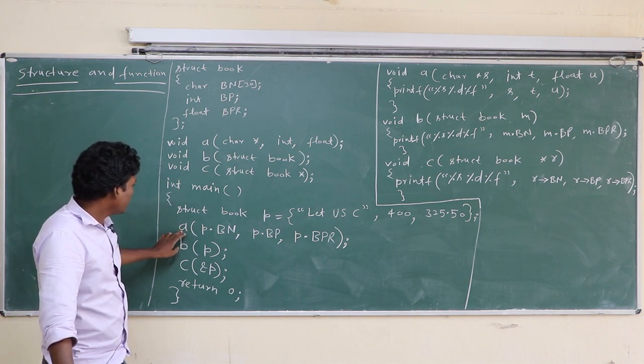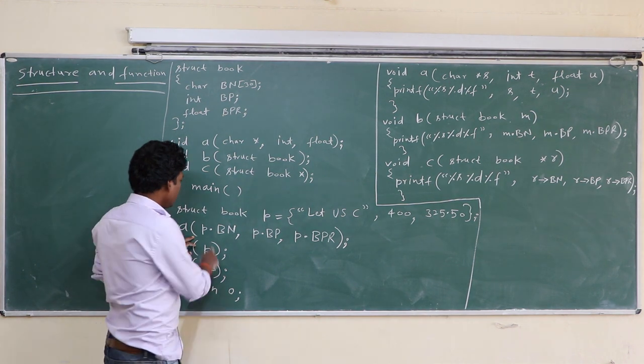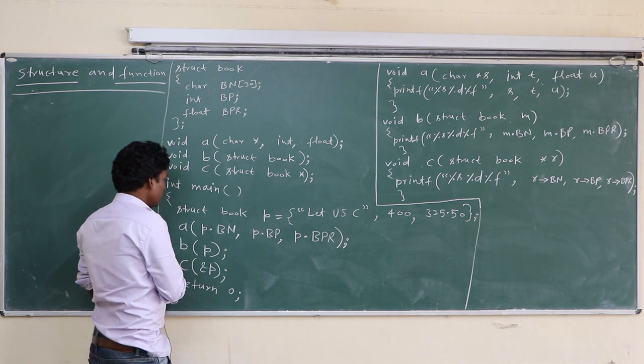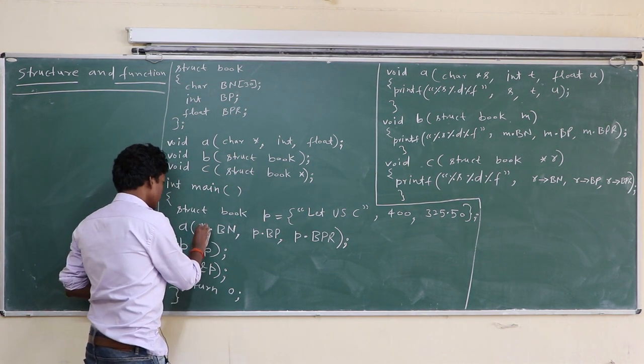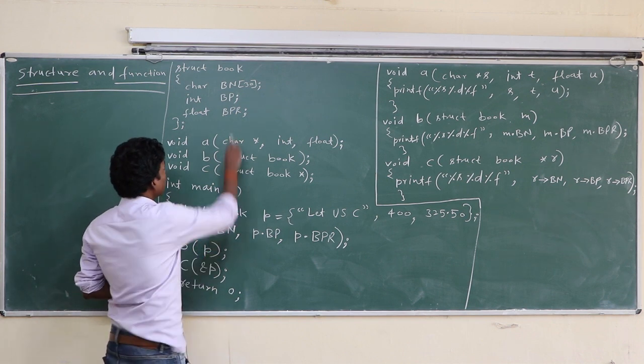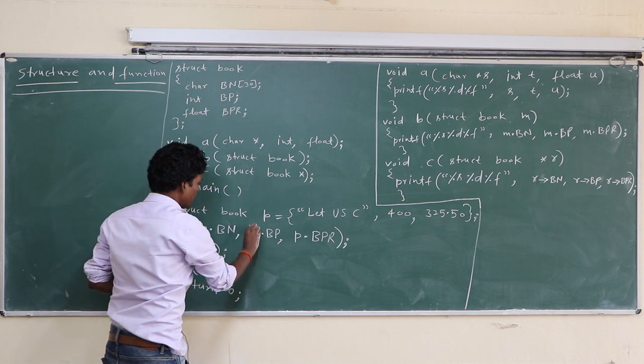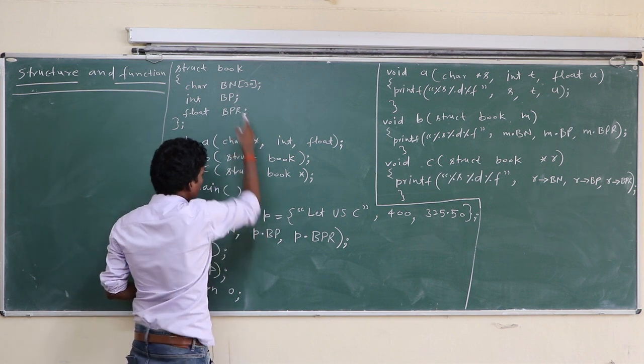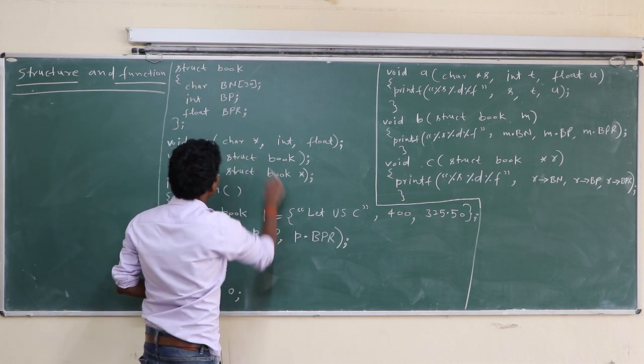A is a function. Okay, P dot Bn. P is a variable, P is a variable of the structure. P dot Bn, P dot Bp, P dot Bpr will be passed.